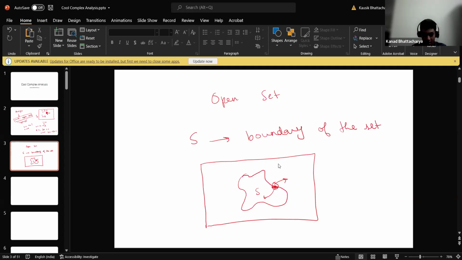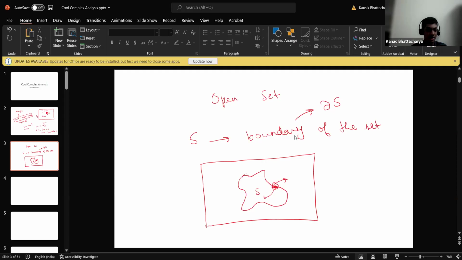So in general, this is how we define the boundary of a set. If we take a point and draw a circle around it, some of the points are from the set, and some of the points are from outside the set as well. And we denote the boundary using this symbol, basically.